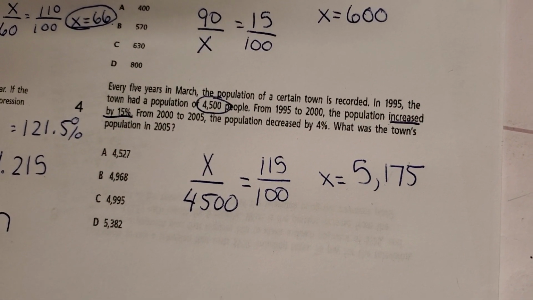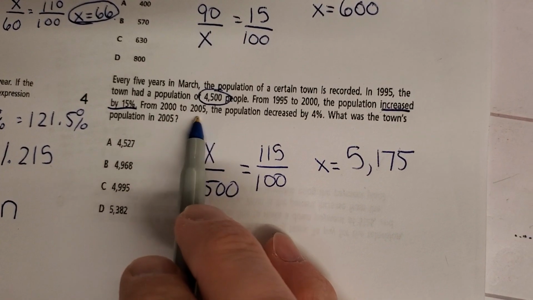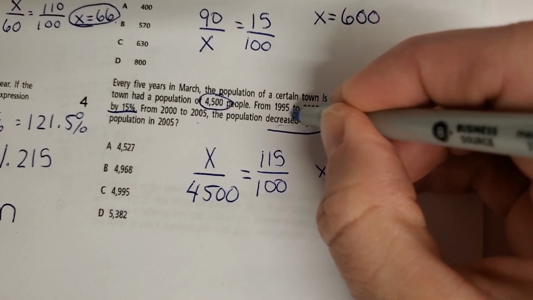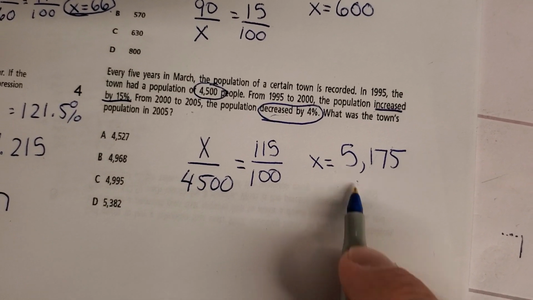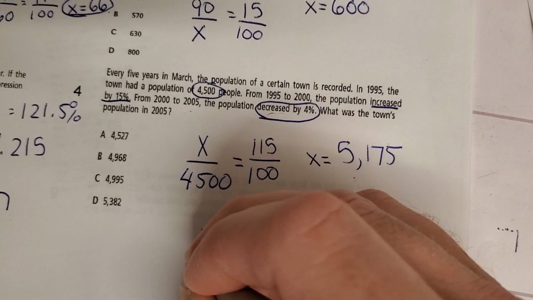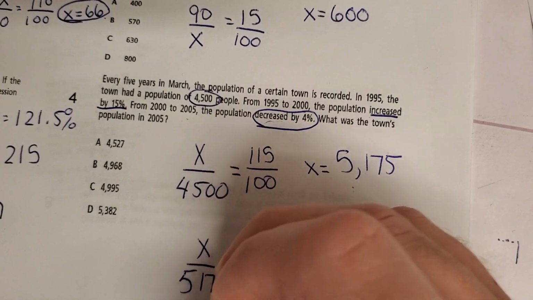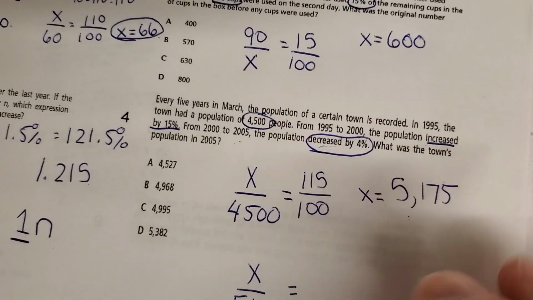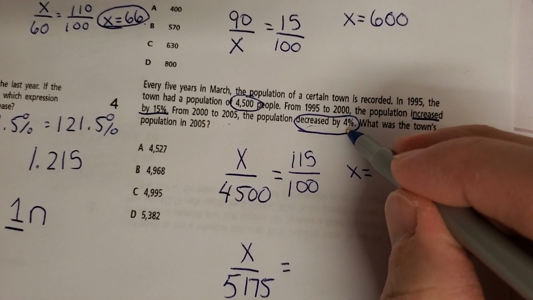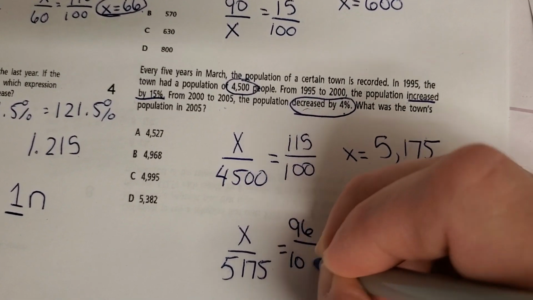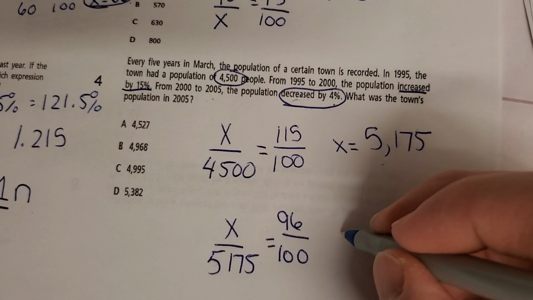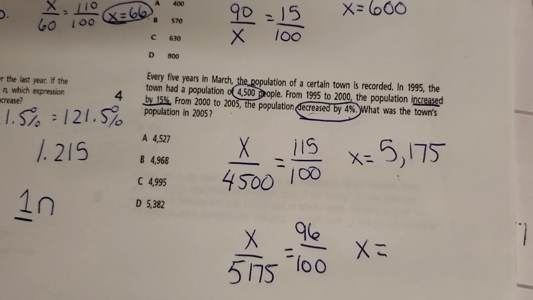But that's not our answer, because then in 2000 to 2005, it decreased by 4%. So from this number, it decreased by 4%. So if it decreased 4% from 100%, we're at 96%. You can solve that one.